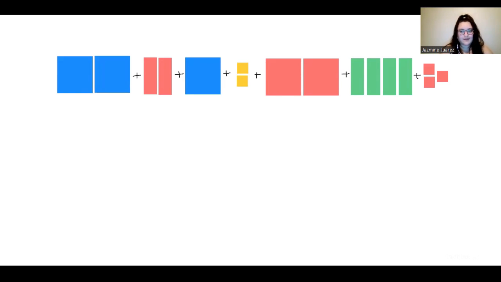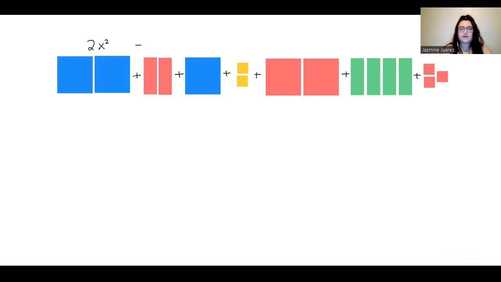So here I have this expression, and I want to have an expression to describe this situation of algebra tiles, and then I want to simplify it. First I'm going to write out what this expression would mean in algebraic terms. Both of these represent x squareds, so I have 2x squared.